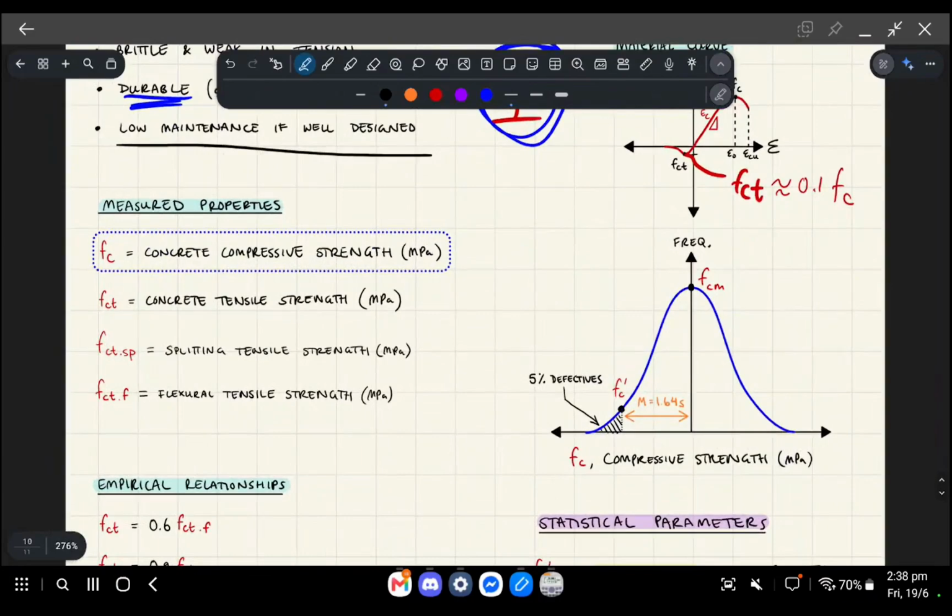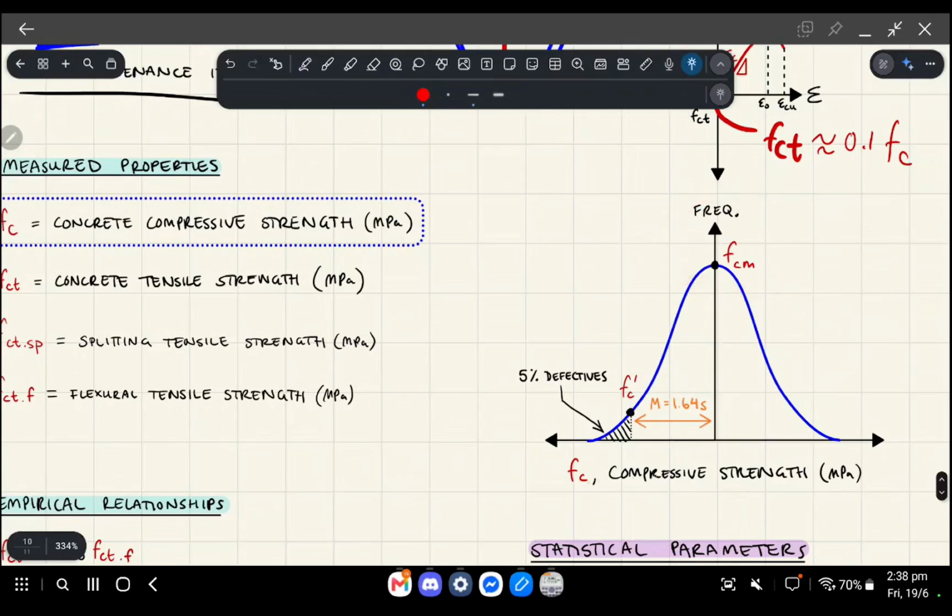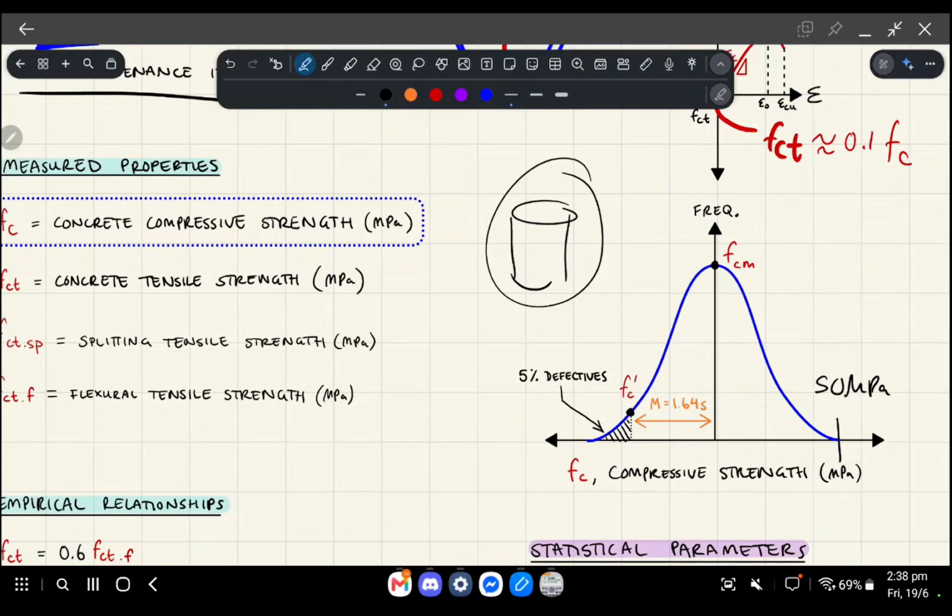So if we look at this curve on the right, essentially if we measure compressive strength on this scale, the x-axis, and we say that we've got a compressive concrete cylinder, in the best case scenario, let's say that it measures at 50 MPa. Okay, so your very best concrete cylinder out of 100 that you've measured can sustain 50 MPa of load.